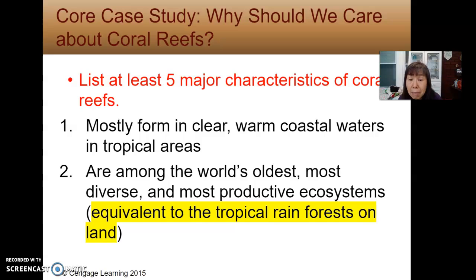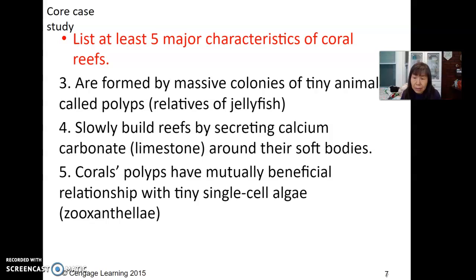Second, they are among the world's oldest, most diverse, and most productive ecosystems, pretty much equivalent to the tropical rainforest on land. Third, they are formed by massive colonies of tiny animals called polyps. Polyps are relatives of jellyfish.